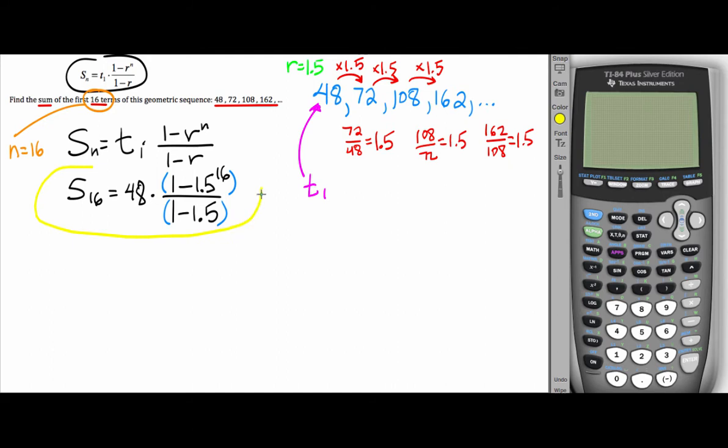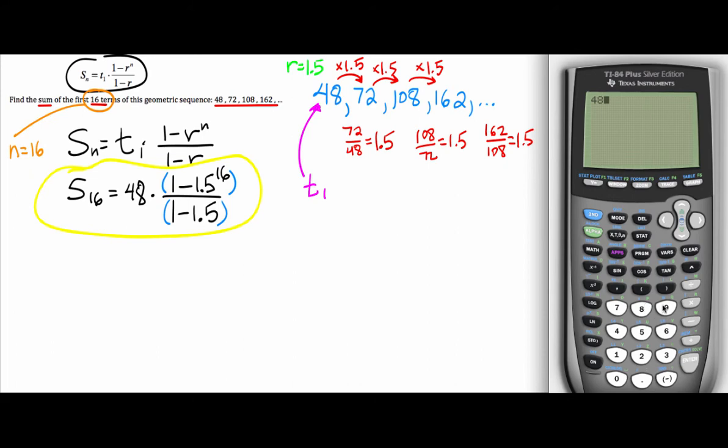Right here, outlined in yellow, is the expression we're going to type into the calculator. So here we go. 48 times parentheses 1 minus 1.5 raised to the 16th, end parentheses to signify the end of the numerator.